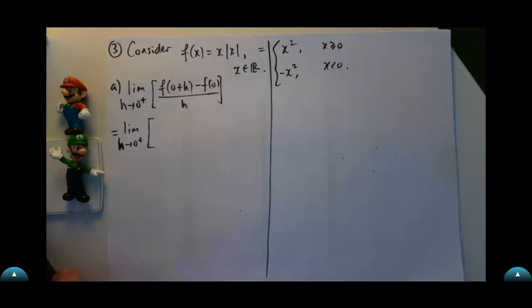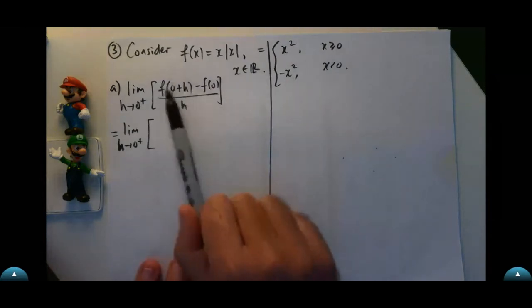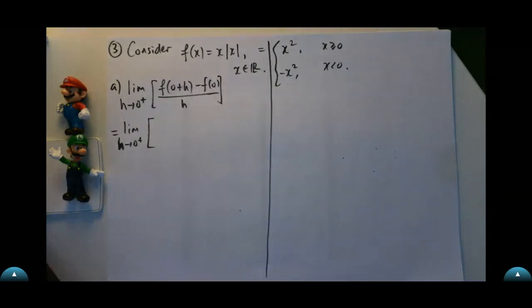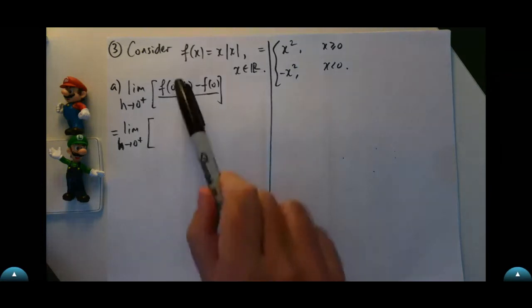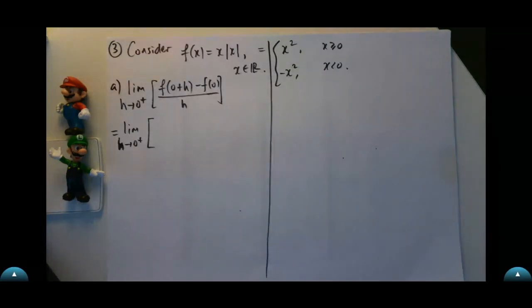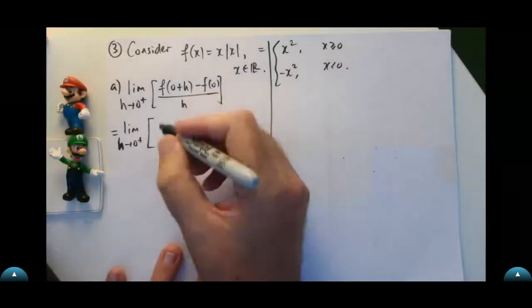Who can tell me, is this value going to be h squared or negative h squared? Who can tell me in the chat? Who can tell me, what's this first term going to be when we actually apply it to this function? Who can tell me in the chat? Yeah, h squared or x squared, however you want to do it.